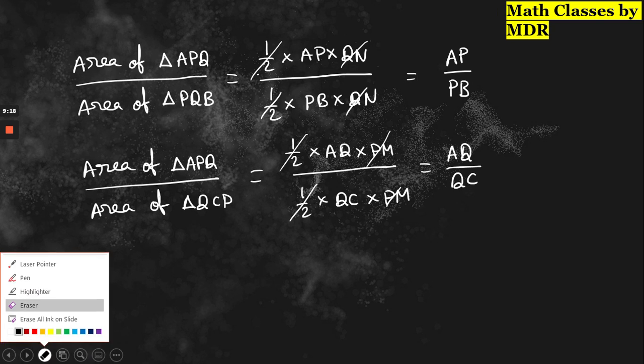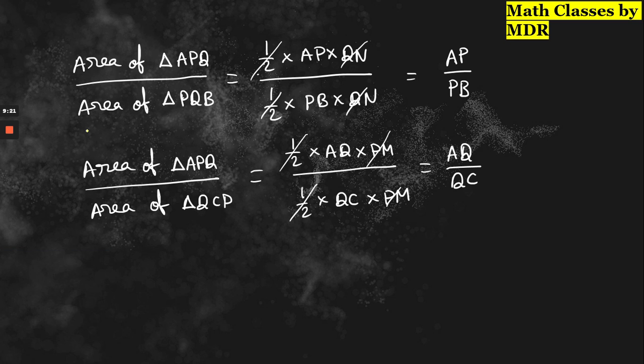But we have seen from the properties of the triangles that the area of triangle PQB is equal to the area of triangle QCP. That means these two ratios are the same. When the left hand side ratios are the same, the right hand side is also the same, from equations 1 and 2.